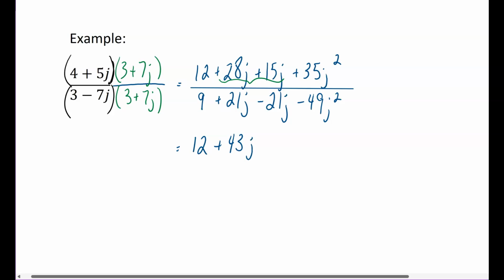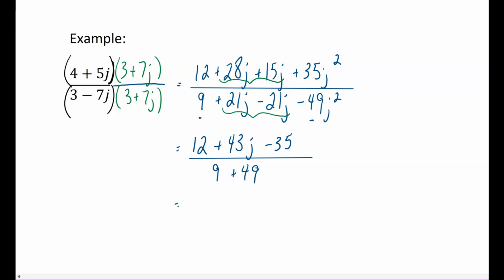And 35j squared is multiplied by j squared, which is minus 1, so this is minus 35. We also have like terms in the denominator. When we add them together, we get 0j. So that is just going to be 9, and minus 49 times minus 1 is a plus 49. That's where we get the c squared plus d squared.